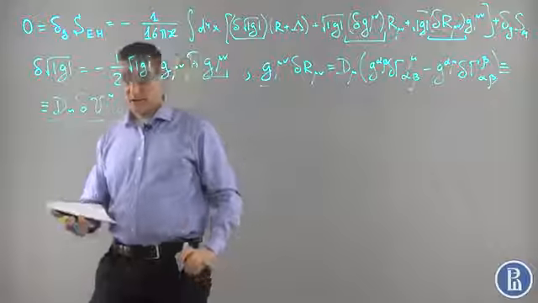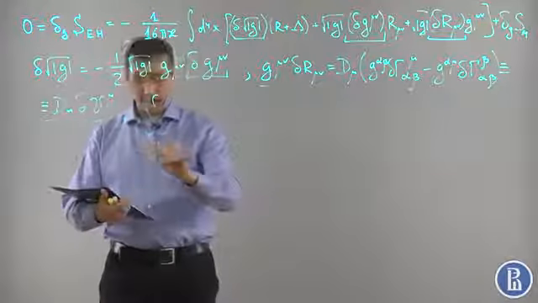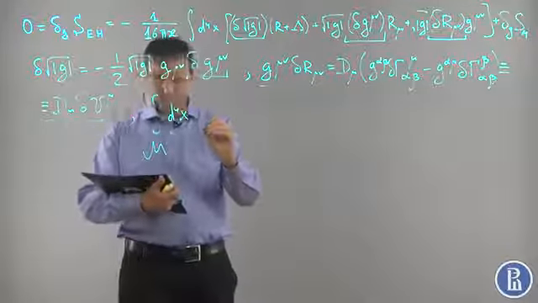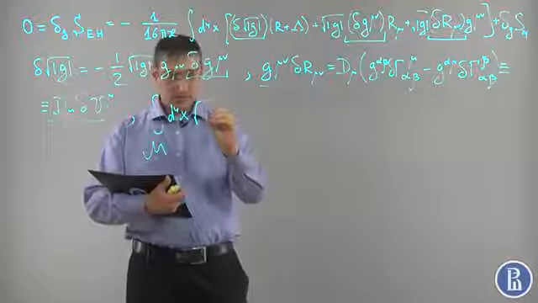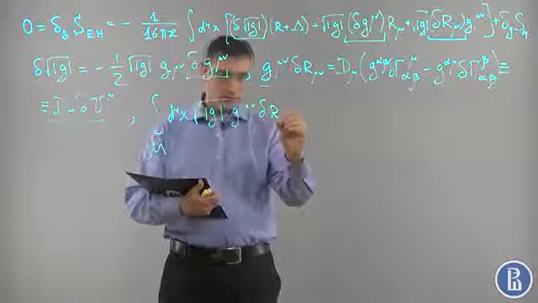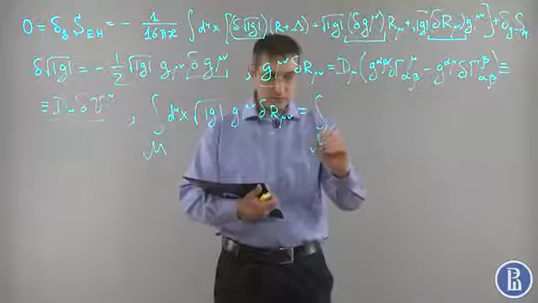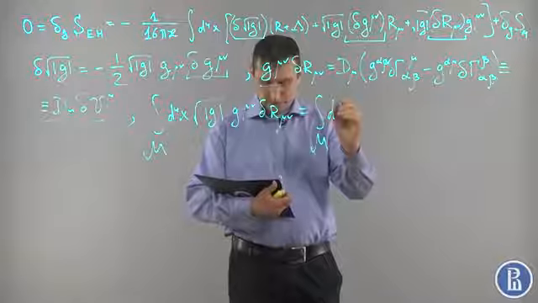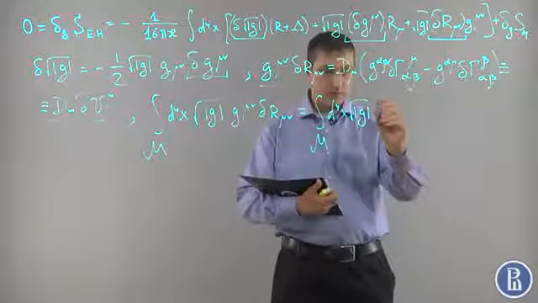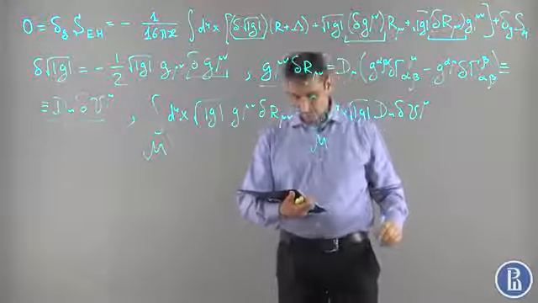So under the integral over the space-time manifold, this variation is equal to the integral d^4x square root of modulus of g times the total derivative ∇_μ δu^μ.